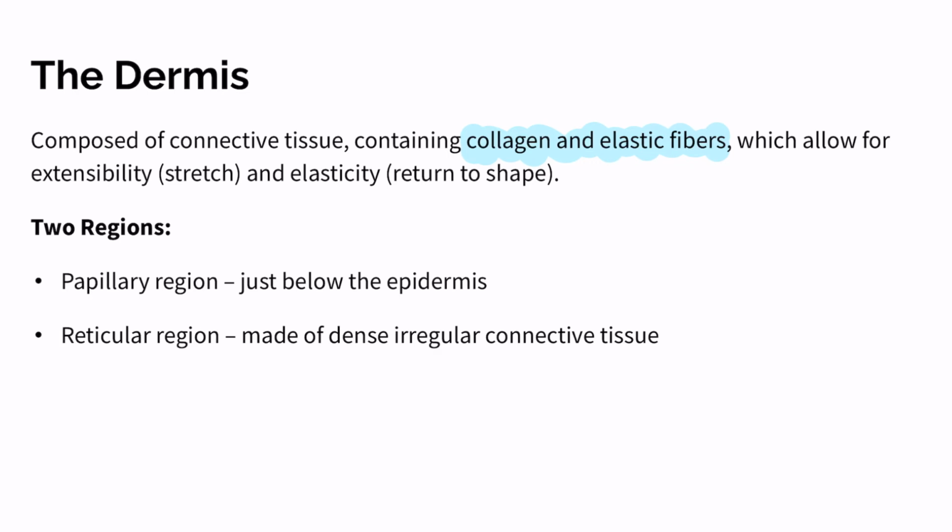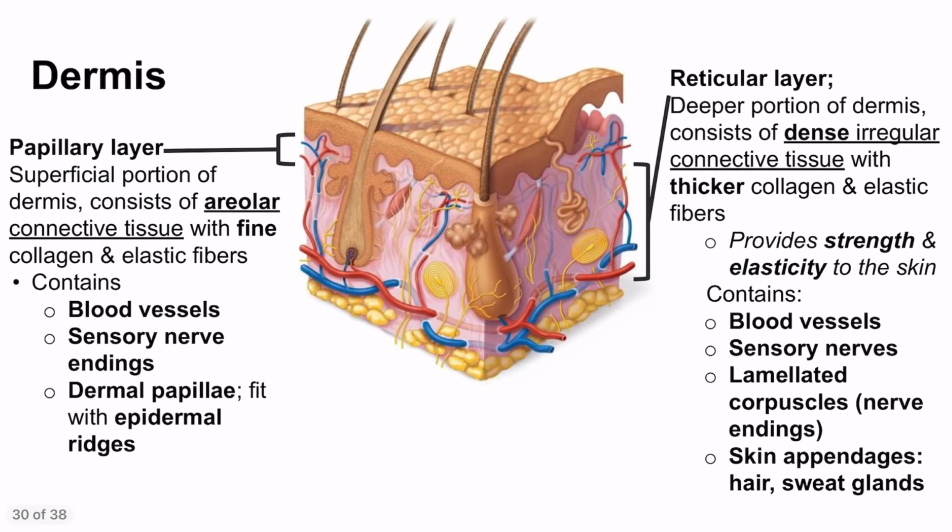When we look at the dermis, we can split it into two parts: the papillary region and the reticular region. Let's talk about these. The papillary region is directly beneath the dermal papilla, which are all these hilly parts. We're going to hear this word a couple times. Anytime you see hilly structures like this, it's called papilla.